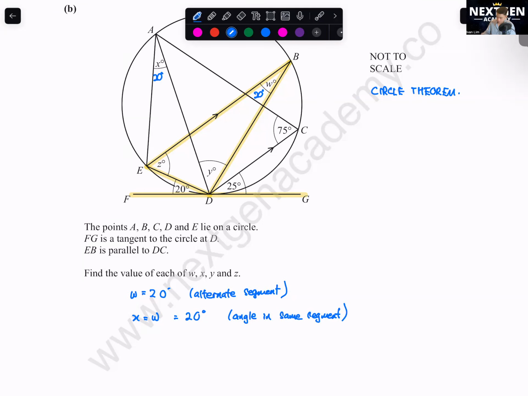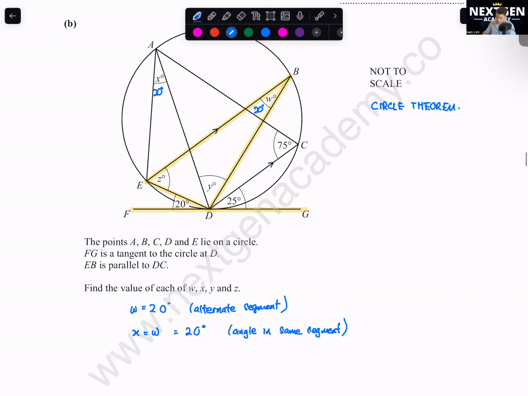Okay, next one. Y. Can I find Y? Okay, Y, you all see? What did they give you so far? You all see this part here? I'm going to erase this here.